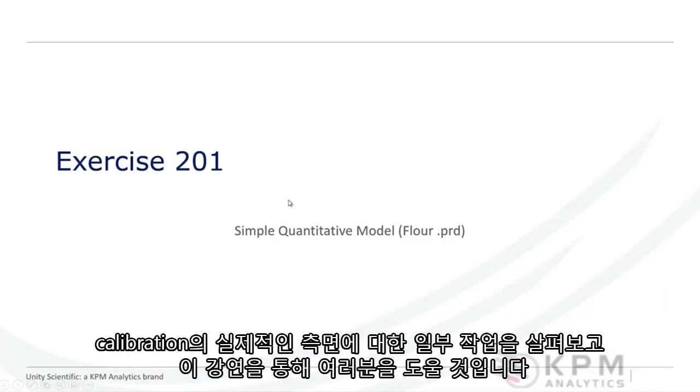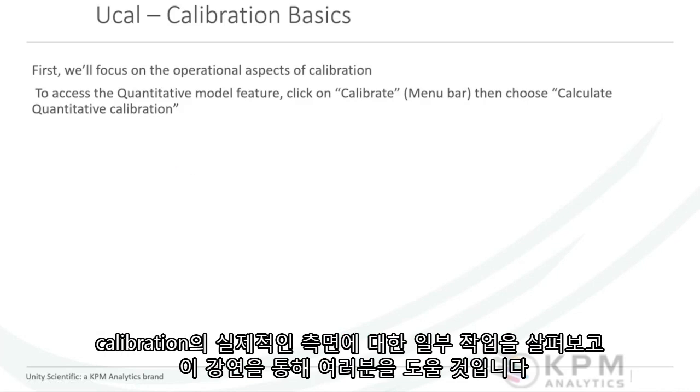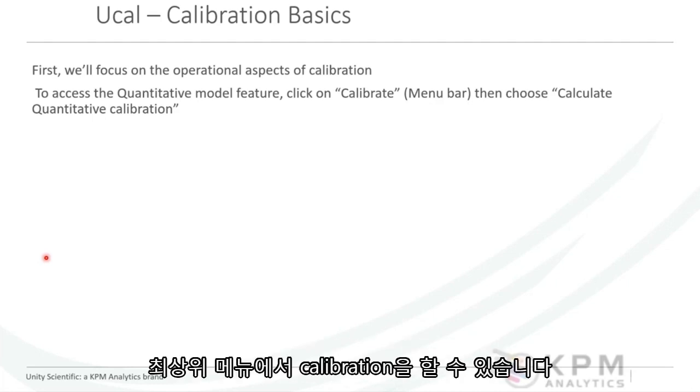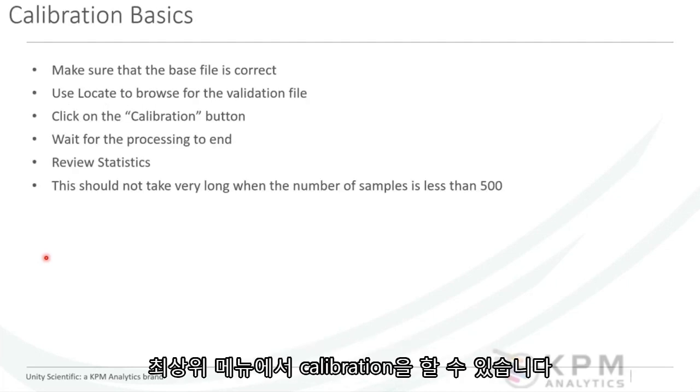So let's jump in. First, we're going to start looking at the practical aspects of calibration and help you through the software. When you get into the quantitative model feature, when you've got an SVF file or a spectral file open, you can just click on Calibrate from the top menu and choose quantitative calibration.